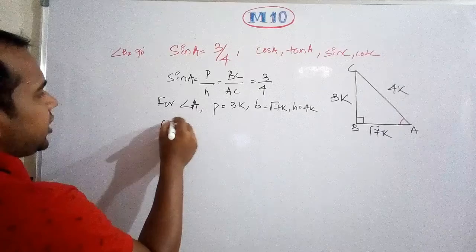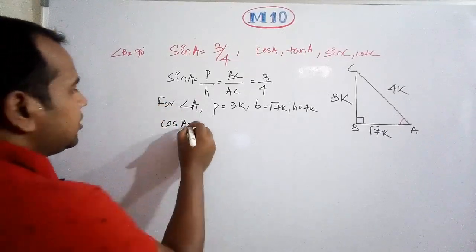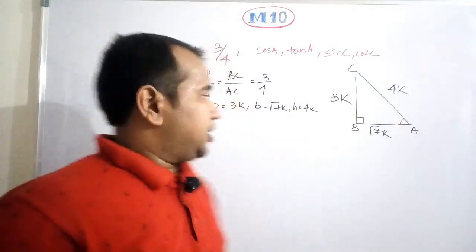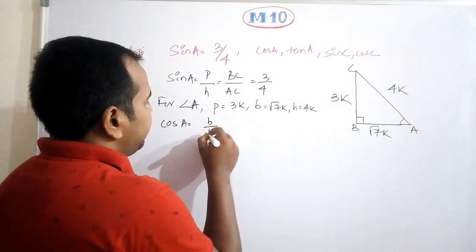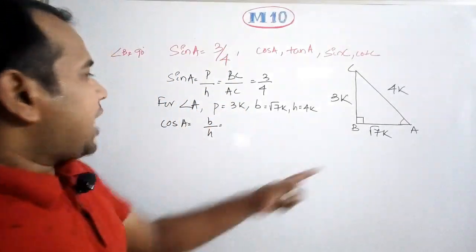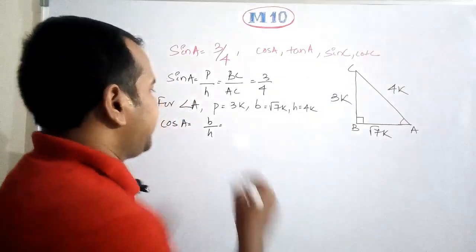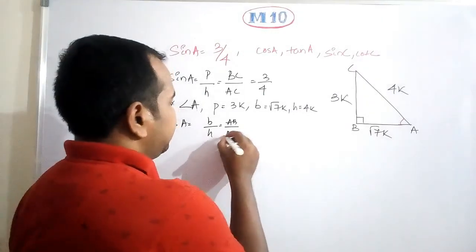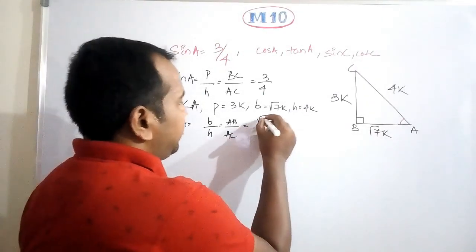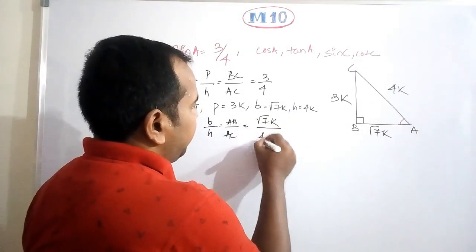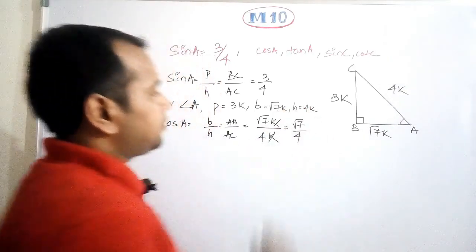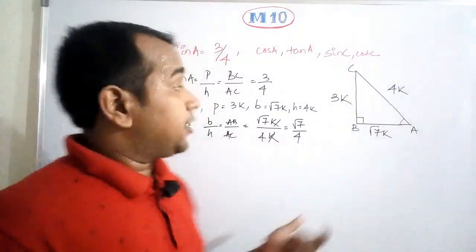To find cos A, cos theta is equal to B by H. For angle A, the base is AB, divided by H which is AC, which will give you root 7K divided by 4K, that is equal to root 7 by 4. So this is the value of cos A.